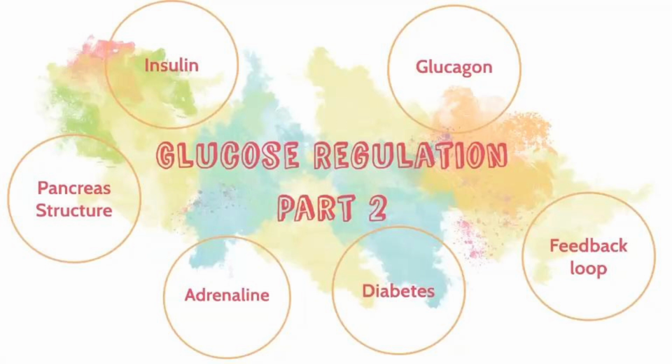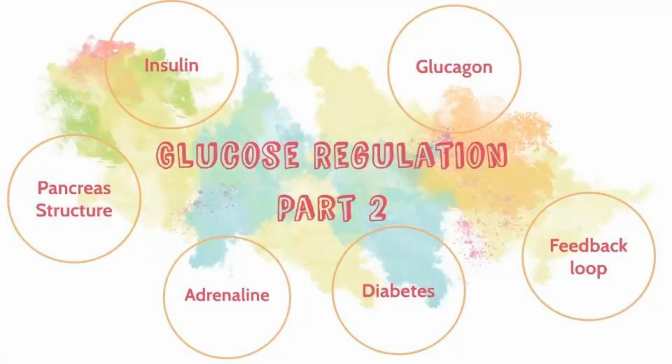So I'll quickly recap what we learned last week. We learned a bit about the structure of the pancreas, specifically the islets of Langerhans, and we learned about the alpha and beta cells. We know that the alpha cells secrete glucagon and the beta cells secrete insulin, and glucagon is released when the blood sugar is low, and this causes a release of stores that allow the blood sugar to increase back to the normal range, and insulin is released by the beta cells when there is too much glucose in the blood, so this is used to reduce the level of glucose in the blood.